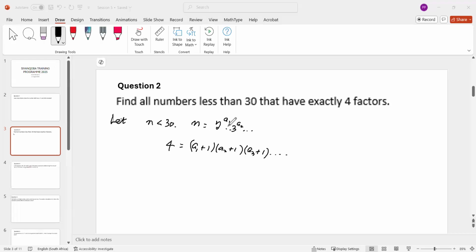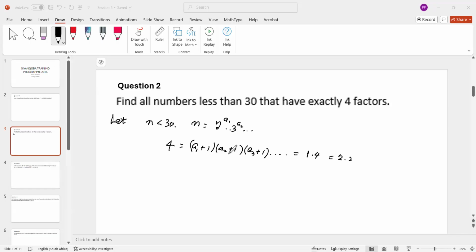So we don't know what these are, but we know that n is less than 30. But 4 has got very few factors, right? You can factorize 4 in only 2 ways. It's either 1 times 4 or 2 times 2, right?